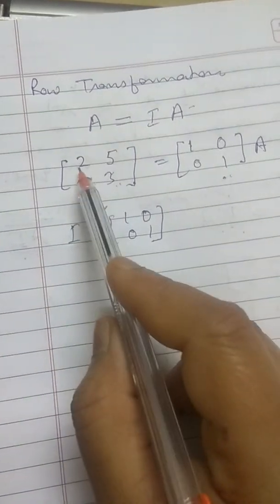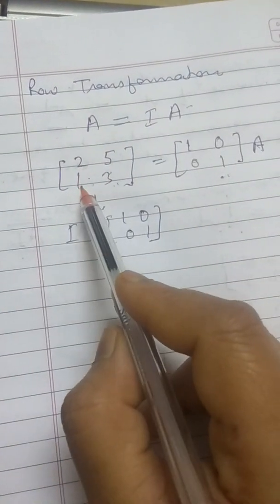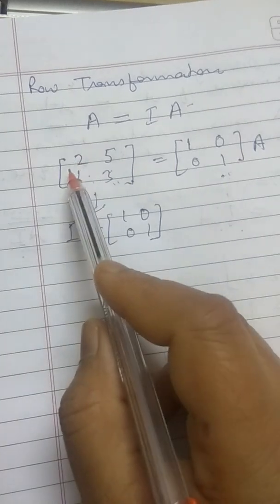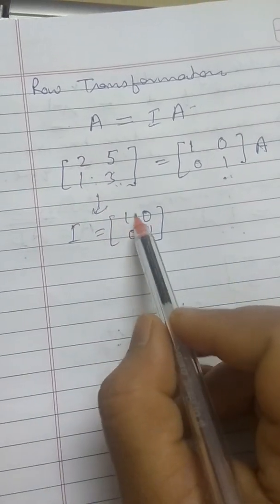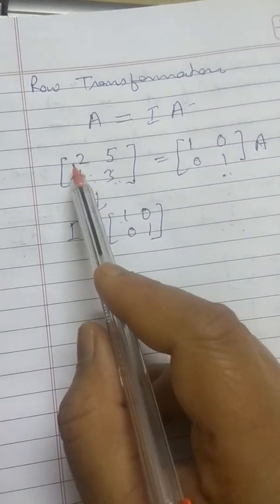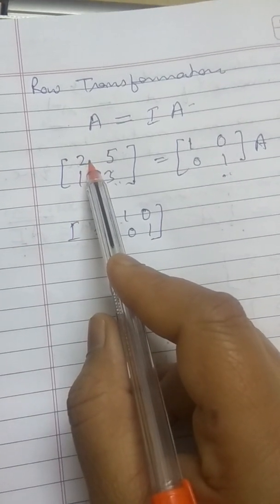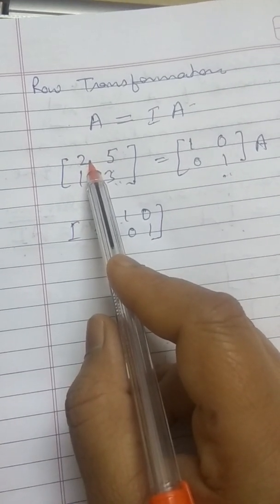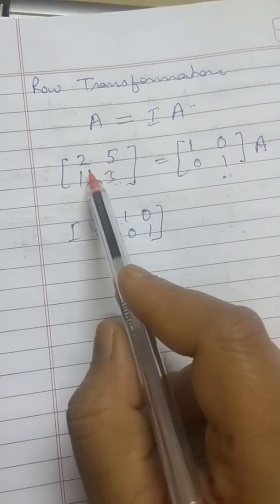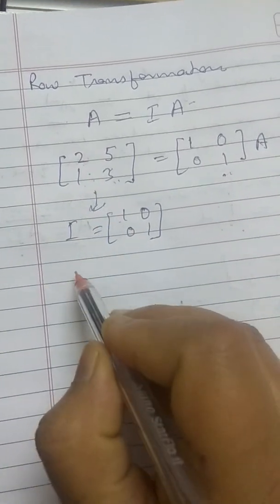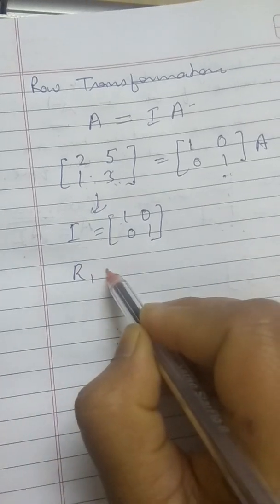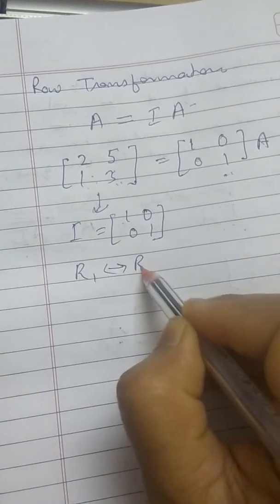Now you have to see this. First row 2 5, second row 1 3. But according to this identity matrix, we require 1. That means we have to change 2 with 1 by applying the operations on the first row. That means we can use R1 interchanging with R2.